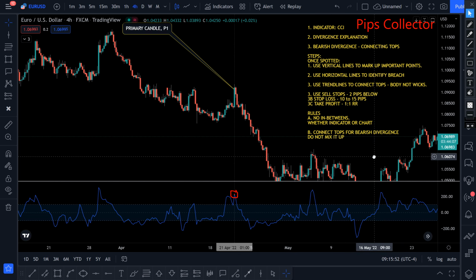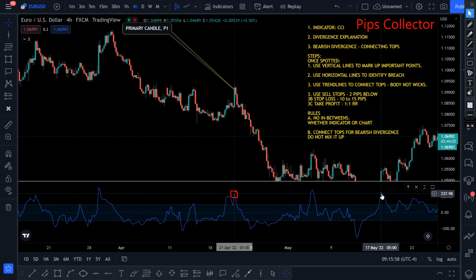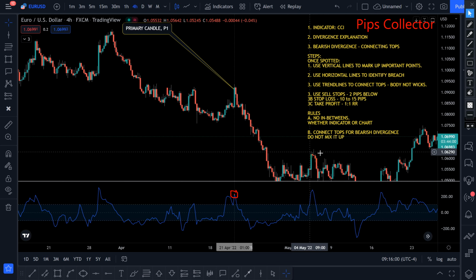The next place price is playing for, you see price is coming down on the chart. Price is also coming down on the indicator, so there is no divergence. Okay, so the primary point is always the easiest one, because you just go to any arbitrary point. This can be your primary point, this can be your primary point.